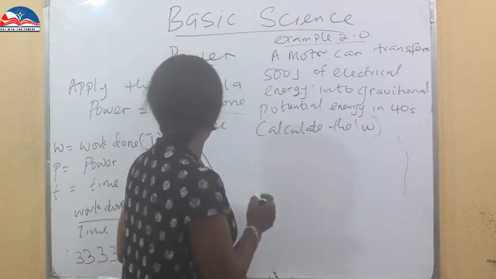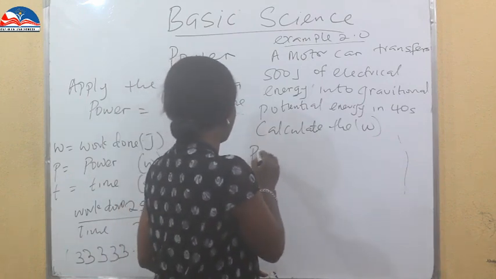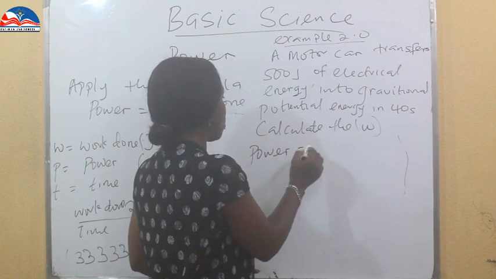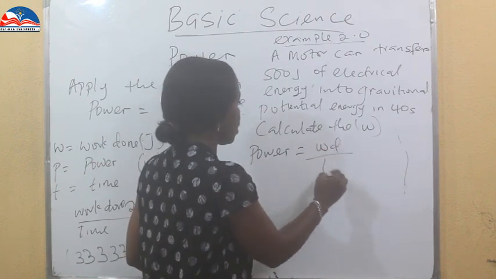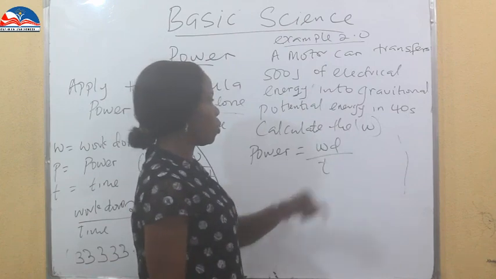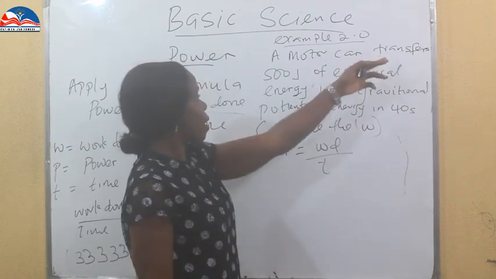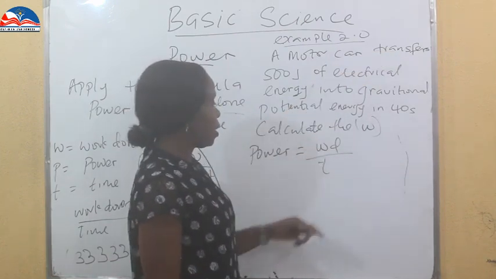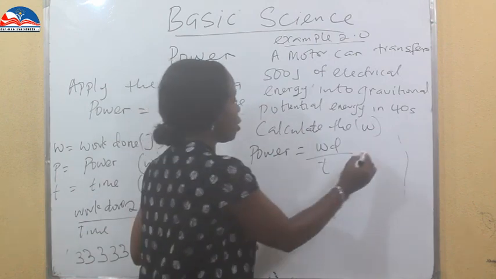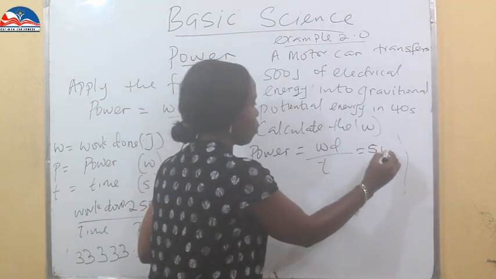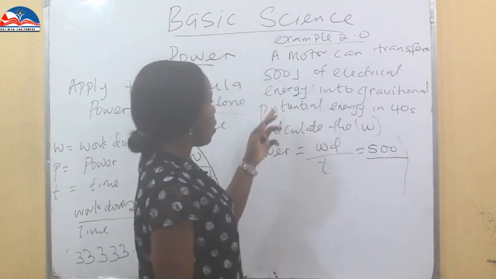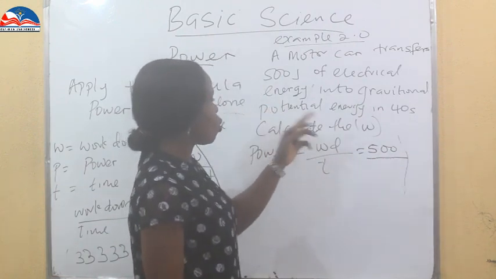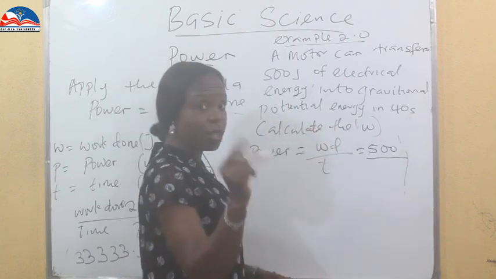Remember that I told you that power equals work done divided by time. This is work done. Now, the transfer of energy is 500 joule, so you have W equals 500 joule, which is the work done. Now it says it converted it into gravitational potential energy in 40 seconds.